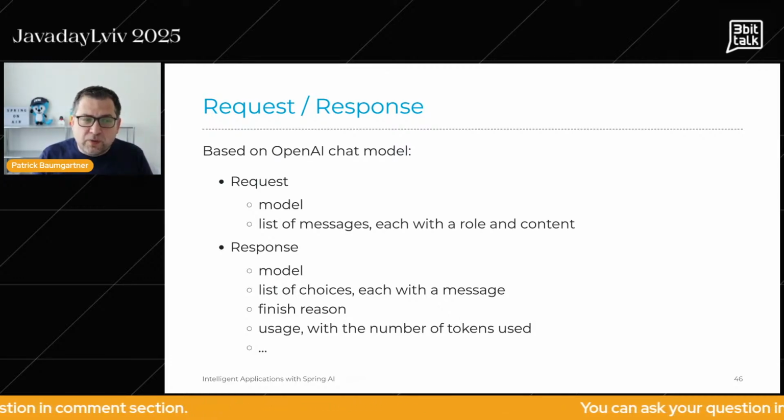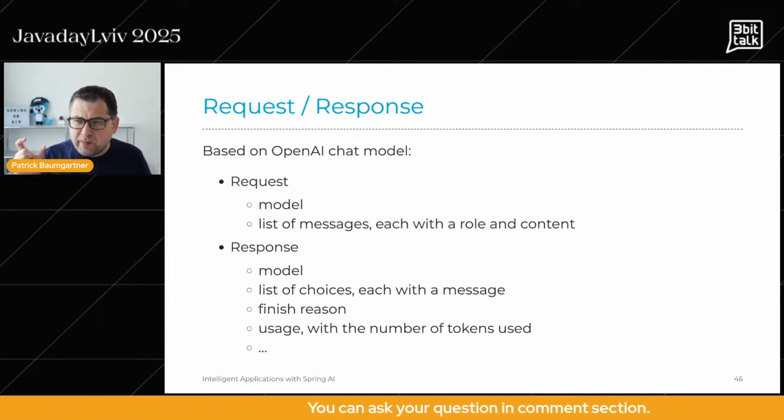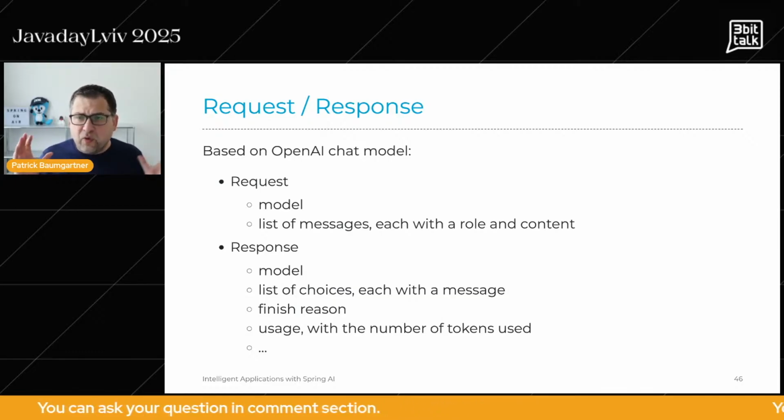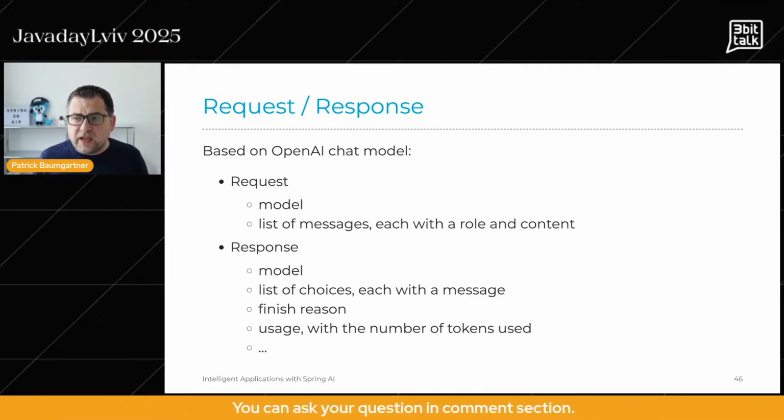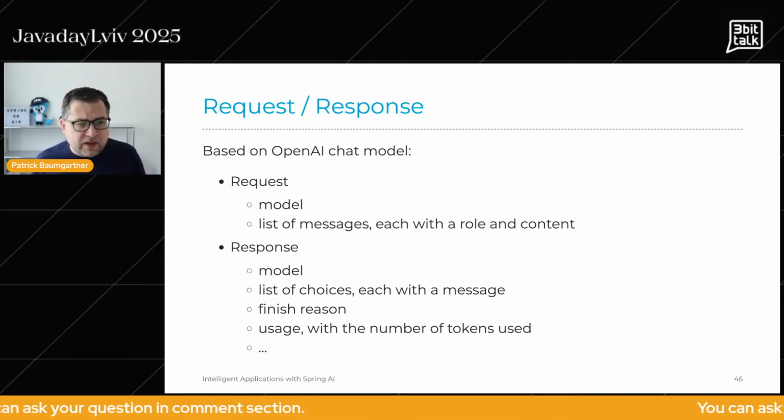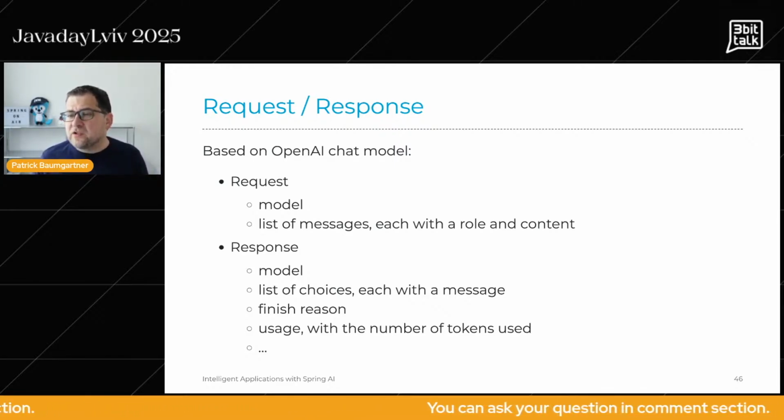As a result, you would get back the model which is answering, maybe even with a specific version number. So you say it's GPT 4.0, and then you get even the model back with a timestamp at the end. So you know what model was answering. You see then also a list of choices, a finishing reason, some statistic information like usage of tokens, and so on and so forth.